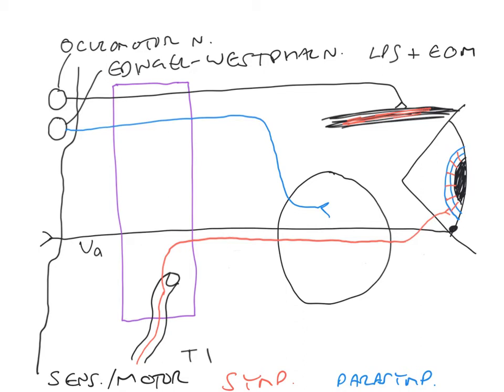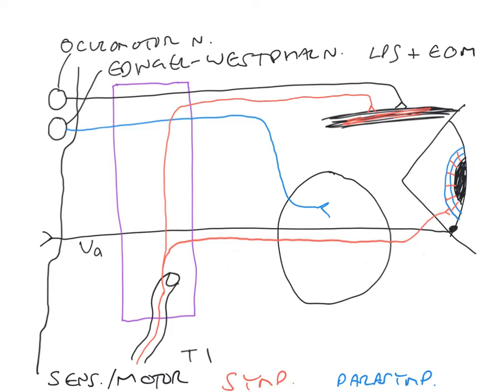Now we're going to complete the parasympathetics in a little while after we've finished off the sympathetic innervation, because there is a second branch of the sympathetics which leaves the internal carotid artery in the cavernous sinus, but that joins up with the oculomotor nerve, and it runs with the oculomotor nerve until it gets to levator palpebrae superioris, where it supplies a relatively small population of smooth muscle fibres which have the same function as levator palpebrae superioris, i.e. they raise the upper lid and keep the eye open.